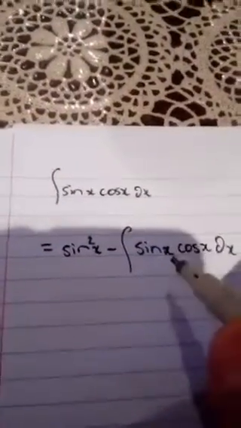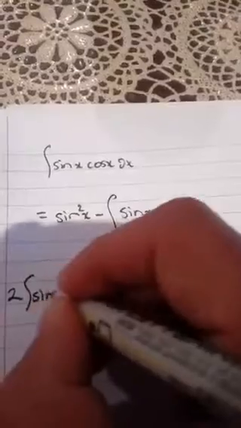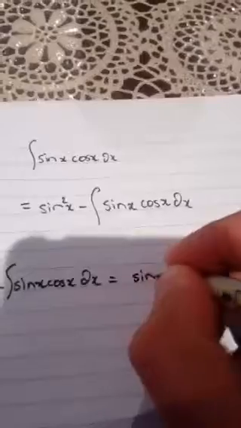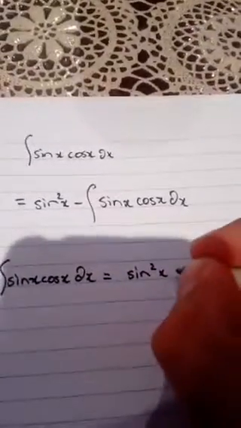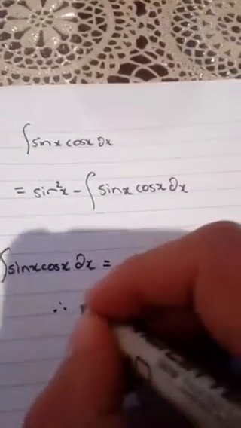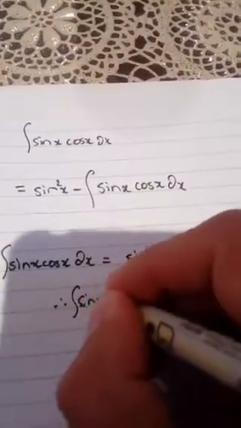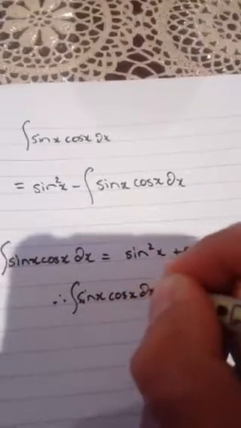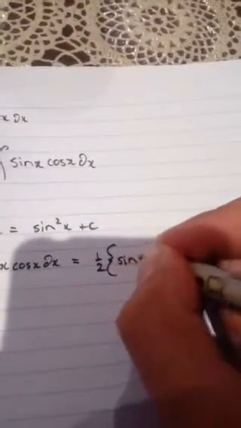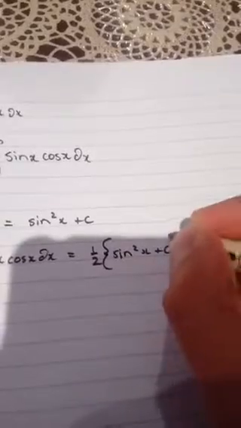So then we say that, therefore, 2 multiplied by the integral of sine x cos x dx equals sine squared x plus c, and therefore the integral of sine x cos x dx equals half of sine squared x plus c.